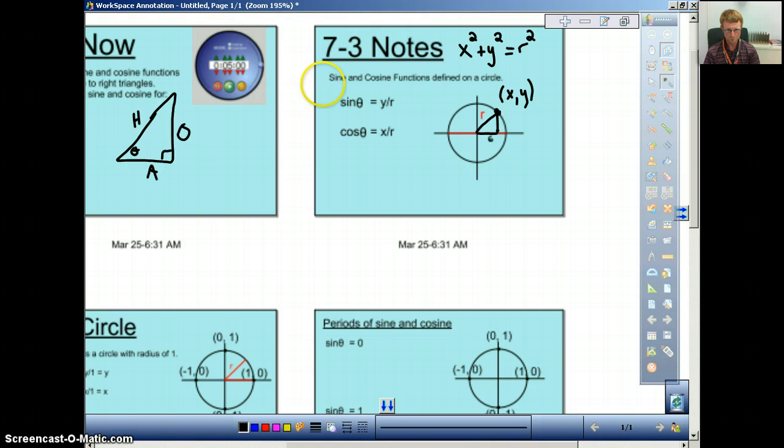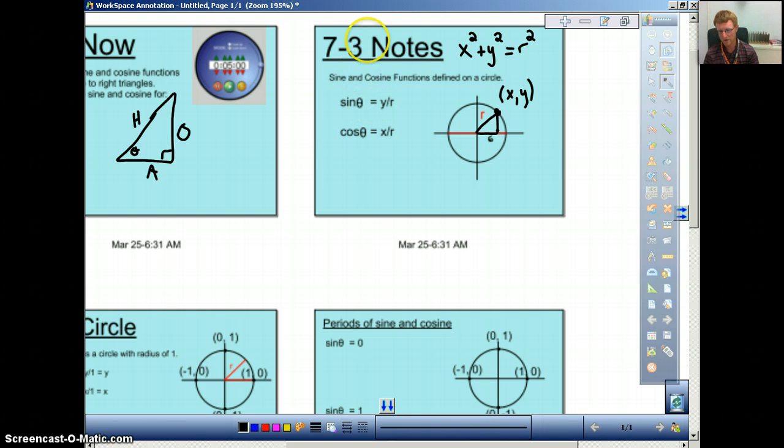When we look at a sine function, the sine of an angle theta is always equal to y, the y value, divided by r, the radius value. And your cosine of an angle is equal to your x value, or your horizontal value, divided by your radius. So you can always think of it this way: sine is typically your y value, and cosine is your x value.